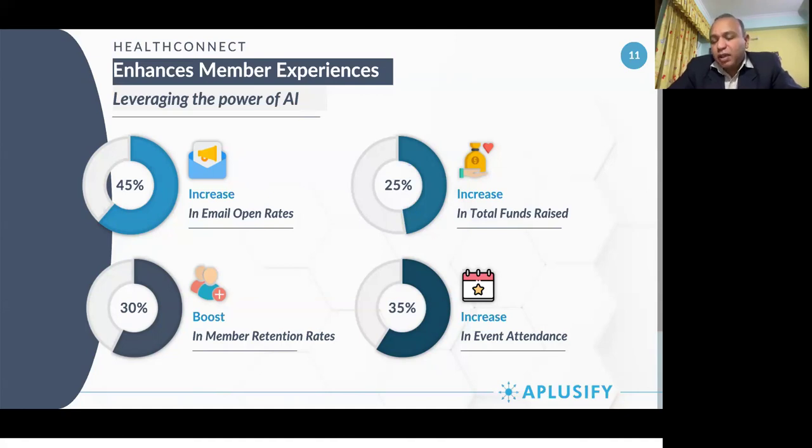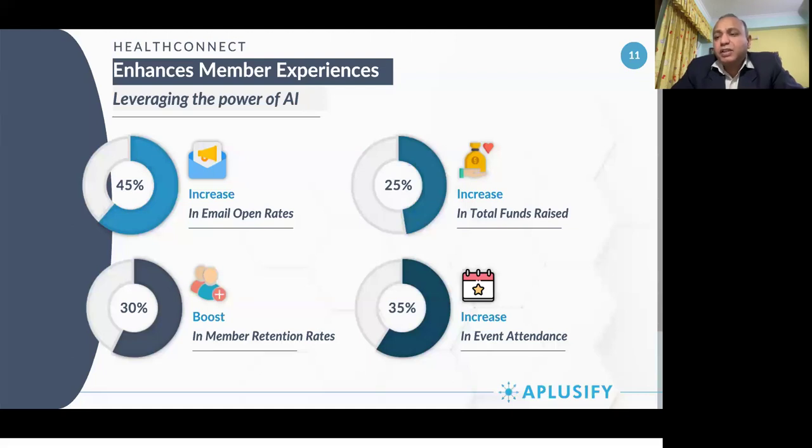So it's important that you have got your data structured within your association database or within your Salesforce database, so that you can build AI on top of it and provide insights to AI so that it can make the right predictions, because predictions can be wrong as well if the data is wrong. So predictions are only fruitful if you have got the right data in place.